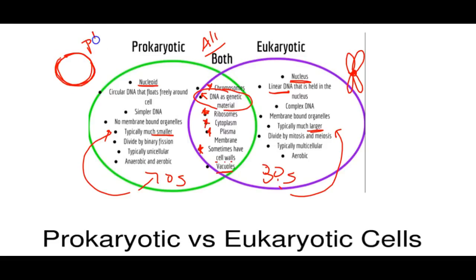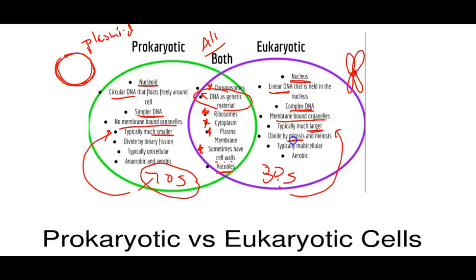We call that a plasmid, okay, plasmid, but it's a circular DNA, and it floats freely around the cell. The nucleoid contains simpler DNA within a prokaryote, and the nucleus contains complex DNA within the eukaryote. Eukaryotes have membrane-bound organelles. The prokaryote has no membrane-bound organelles. Okay, there are organelles within the prokaryote, but the ribosome is kind of looked at as the only organelle within the prokaryote.